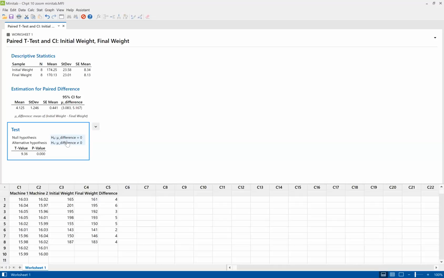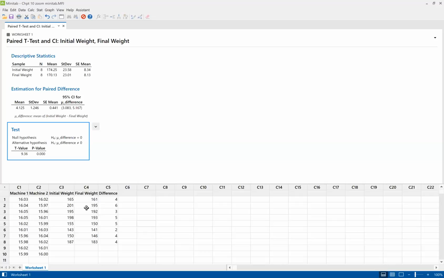Okay, but we're going to do something even more fun with this. I know, you're all tingly inside, right? Instead of just looking at the paired difference and saying, okay, there's a statistically significant difference, now I want to know, well, is it true to say that this program will help you lose at least 3 pounds?